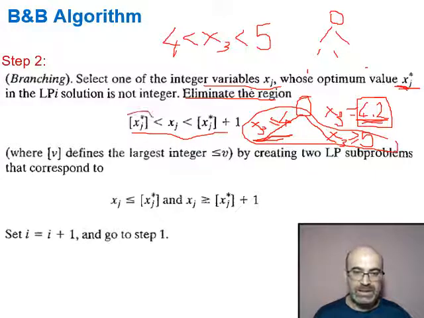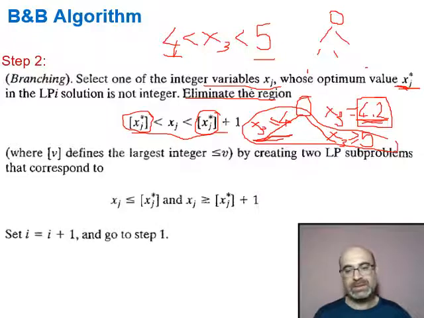So this xj star in parentheses, according to my example, is 4 and 5. If this x3 was not 4.2 but, let's say, 3.7, then you should have 3 less than x3 less than 4.